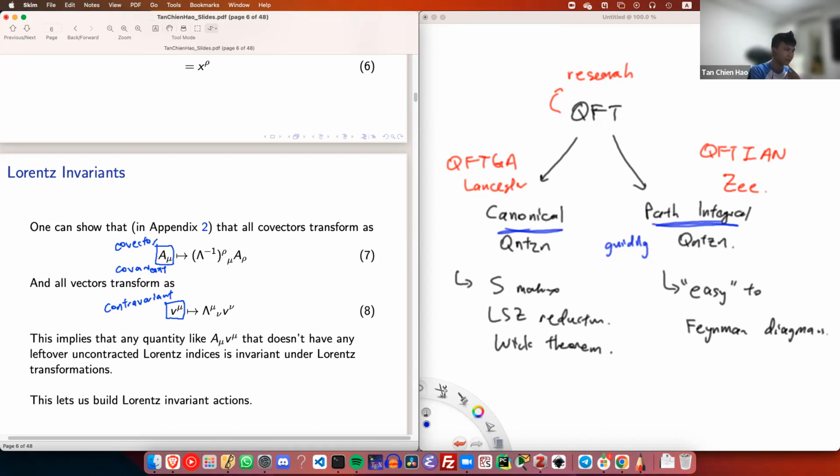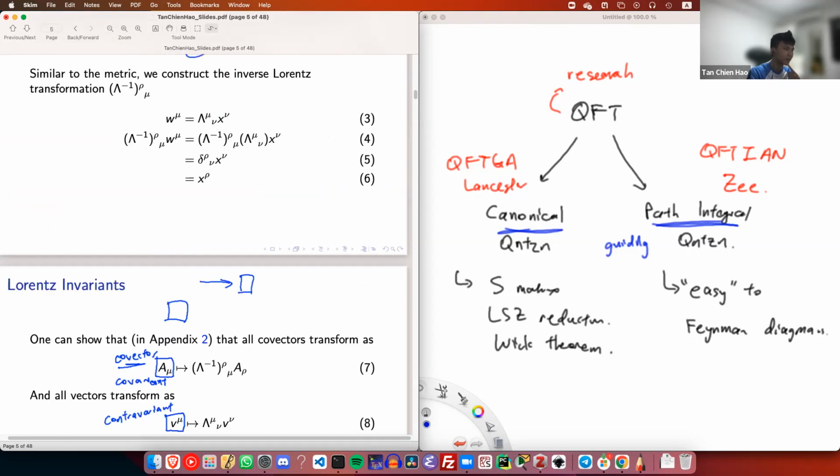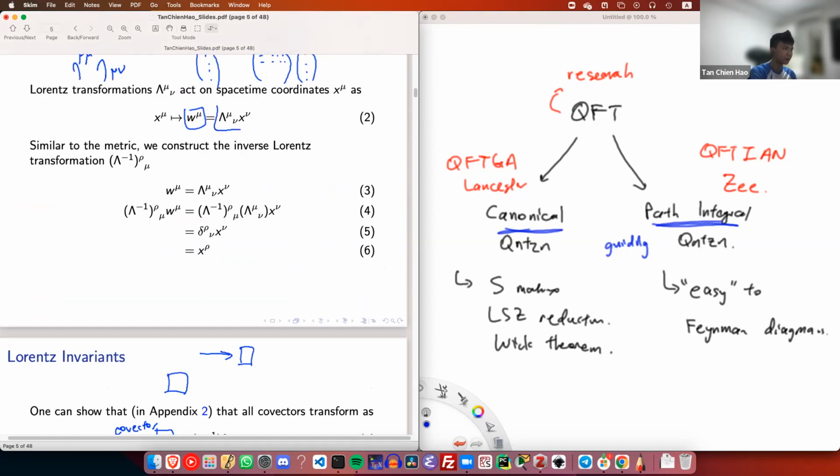For the covector, when you have a lower index, then you go from one frame to another. You have two frames: one of them is a rest frame, and one is a boosted frame that is moving around. We know that the position would change by the Lorentz transformation.